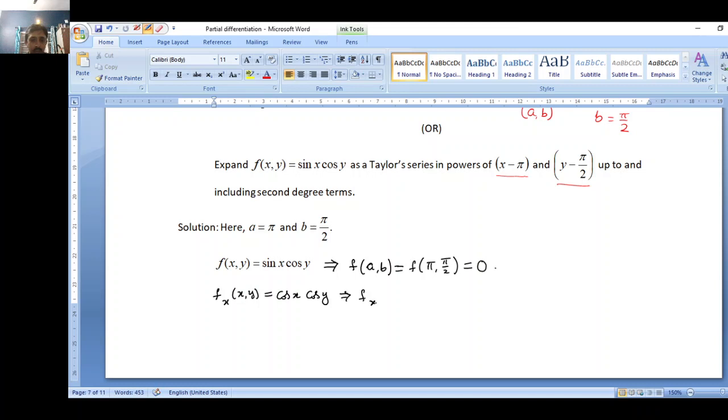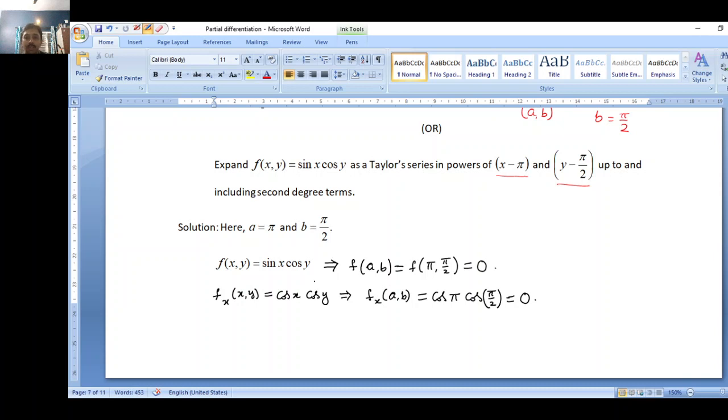So once we got fx of x comma y, now we'll have to find out fx of a comma b. And what is this now? This is going to be cos pi into cos pi by 2, and cos pi as we know is minus 1, cos 180, but cos pi by 2 is cos 90, which is 0, so effectively this also becomes 0.